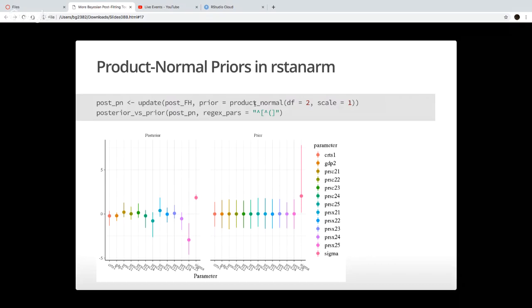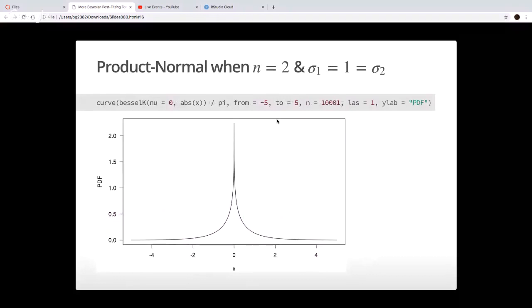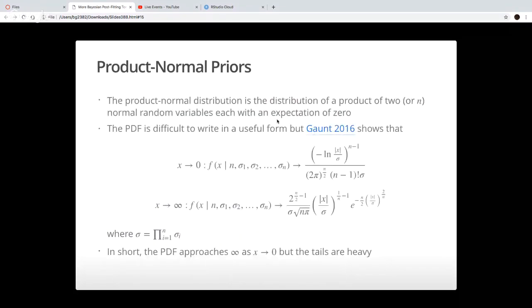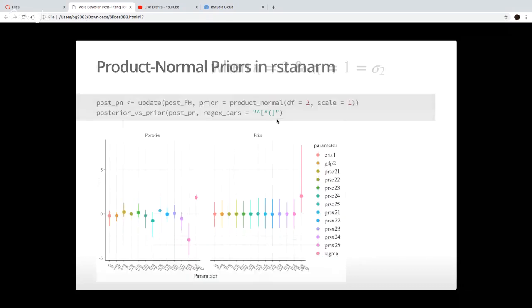df is the number of normal distributions to multiply together. Scale is not the prior, but the literal value of the sigma things that get multiplied together to get the scale of the product normal. And then you compare the posterior distribution versus the prior distribution for one of these things, and you see, okay, it has a reasonably heavy tail in the prior, but it's something that can be shifted by the data in the posterior distribution, that PRSX25 again pops out as having a pretty big coefficient.